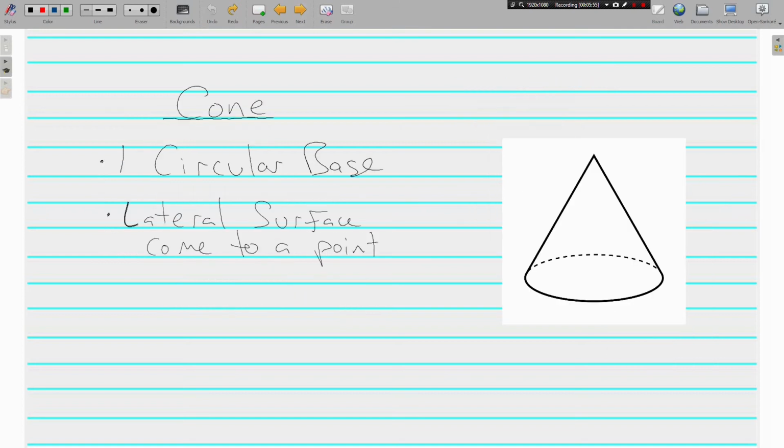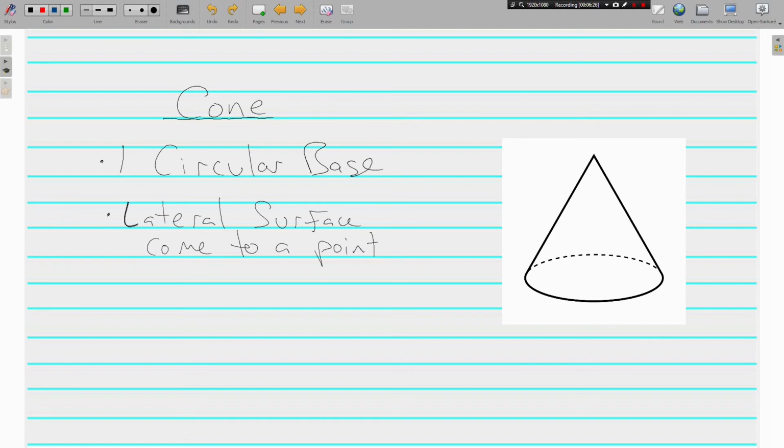A prism is like a cylinder and a pyramid is like a cone. Again, we have just one base, but this time it's circular. And the lateral surface comes to a point. Now, this is a little different. It is a roundish kind of figure, but if you took just the pointy part, the lateral surface, and tried to lay it out flat, you couldn't really do it because of the way it's rounded.